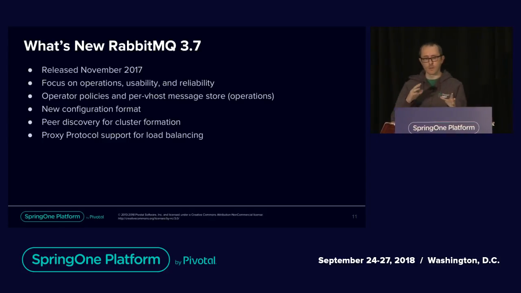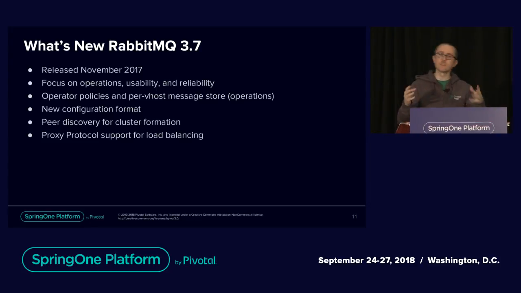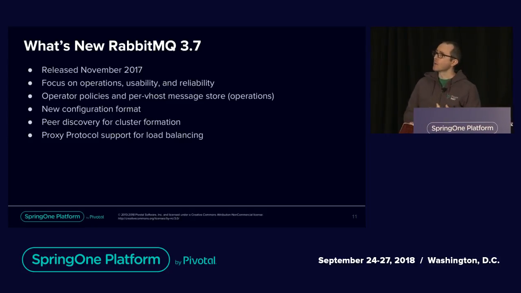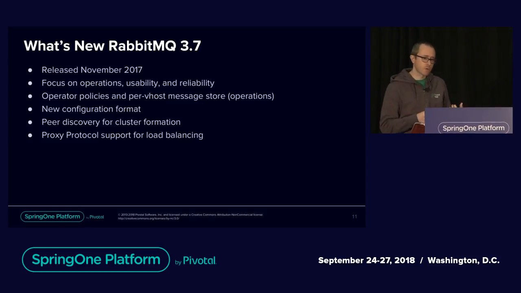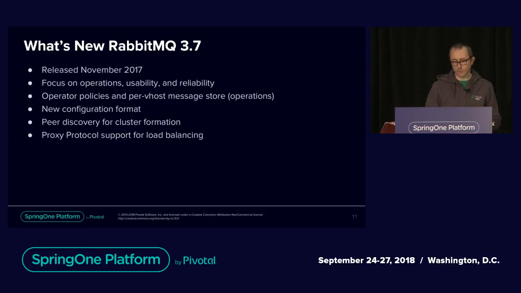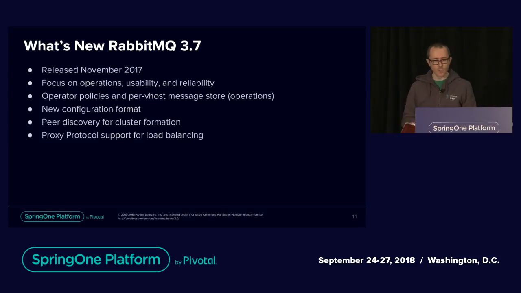Vhost is the virtual host, the multi-tenancy feature inside Rabbit. There's a new configuration format, a new peer discovery mechanism, and also proxy protocol support. There are other things, but I'm just trying to focus here on the last 3 items.